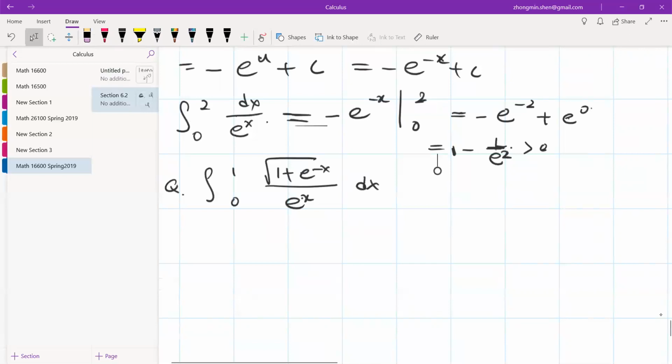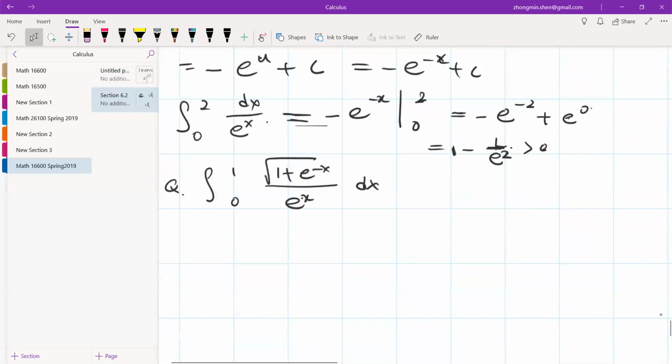So you have to use a substitution to simplify, right? One natural substitution is let u be 1 plus e to the negative x. There are a couple of choices.